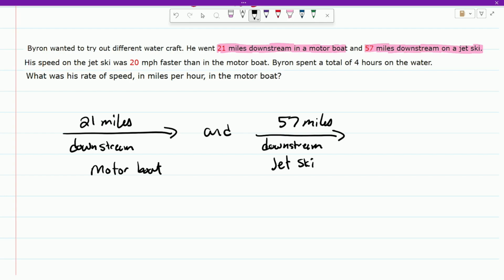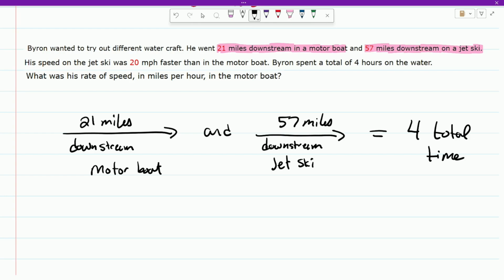Okay? So whenever you have a situation like this, just look how this is going here. We have two different things, but they're connected and they're going in the same direction. So we're going to add these two things together. And we know that regardless of the watercraft, he was on the water for a total of 4 hours.